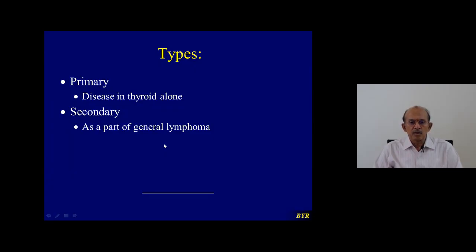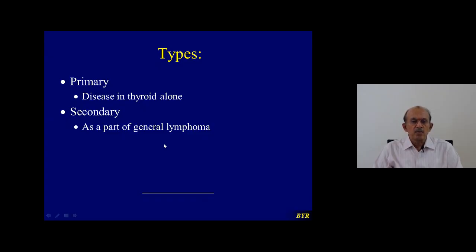So not only from the lymph nodes, it can arise from the spleen. It can arise from the intestines because there are lymphoid patches, or Peyer's patches.